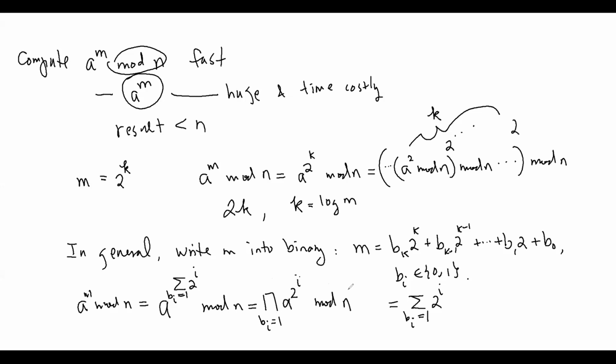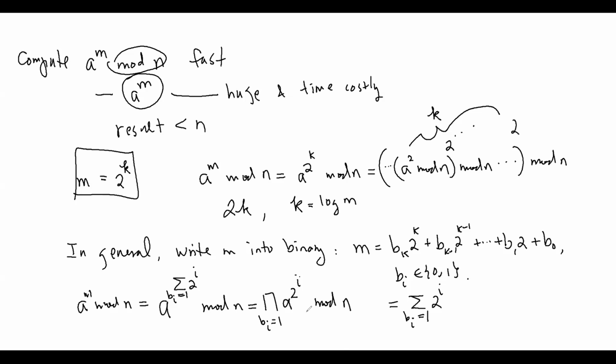Now for each of these terms, we have come down to this special case, right? So we can use this fast exponentiation to do each of these and then multiply them back, okay?